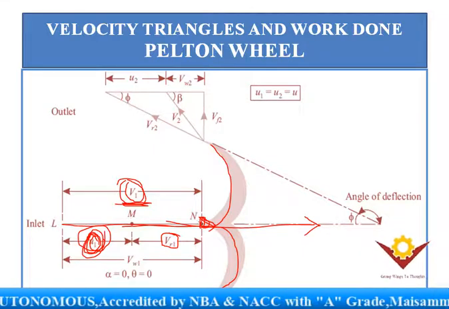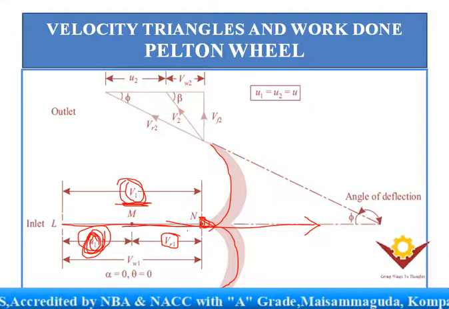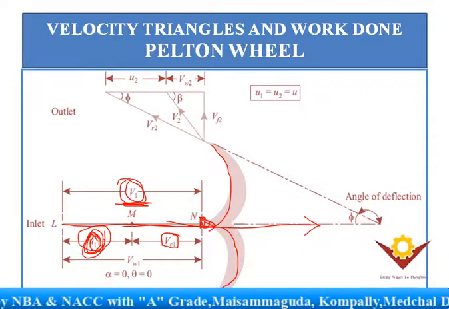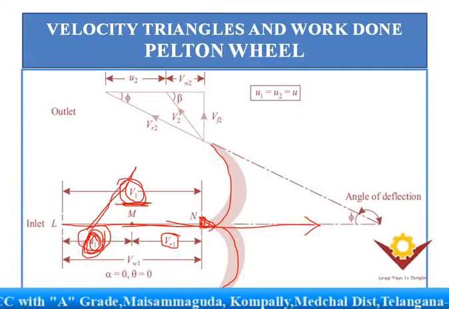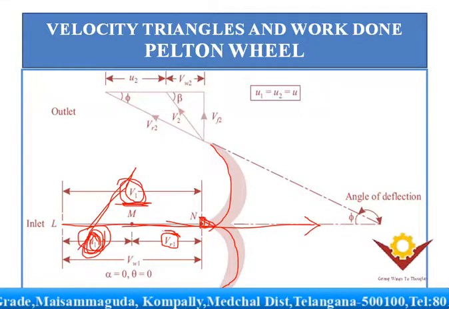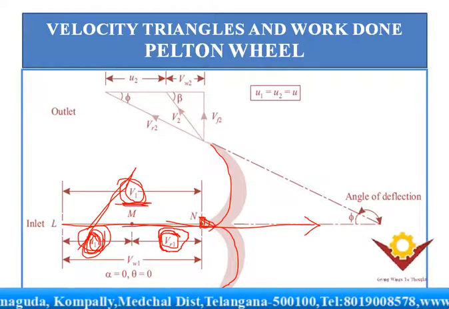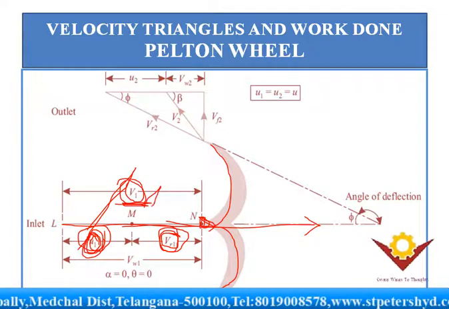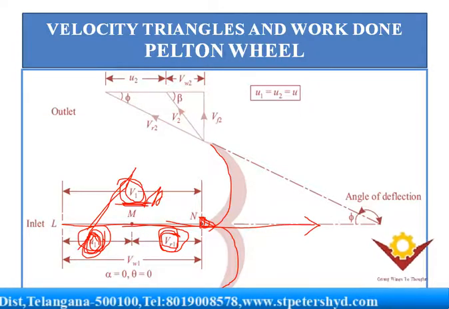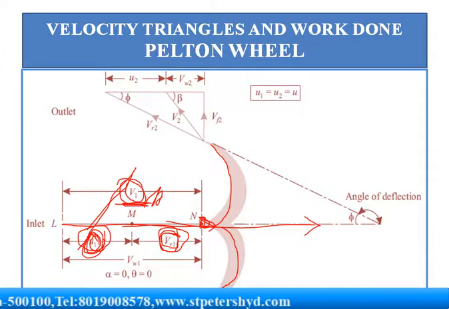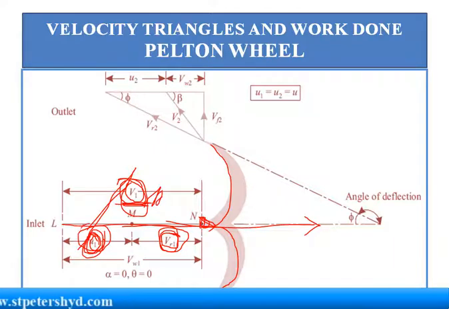So that means there is a certain relation between these two velocities, and that we call the relative velocity. And this relative velocity is less than your V1. Clear? And we can write this Vr1 as V1 minus u1.